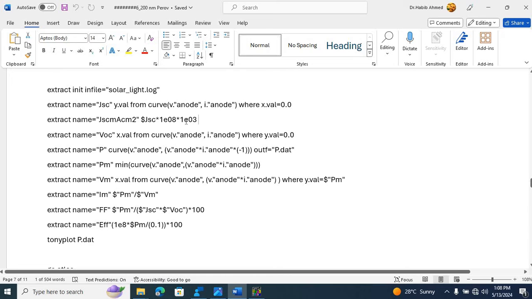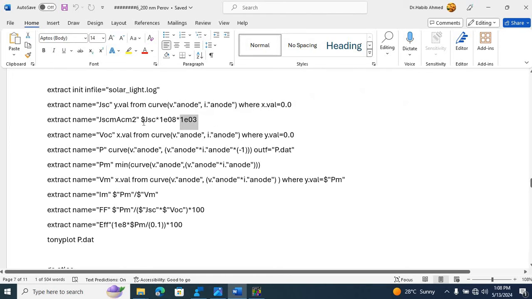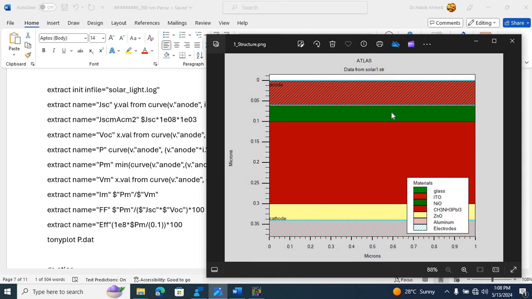For milli, I multiply by 10 to the power of 3 to convert it from amps to milliamps. And then per centimeter square, the area of my device is 1 micrometer by 1 micrometer. Let me tell you how. This is really crucial. In the X direction, my device is running from 0 to 1 micrometer, and light is incident onto the top surface.